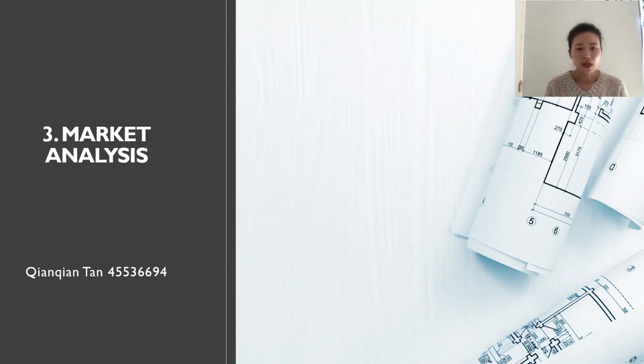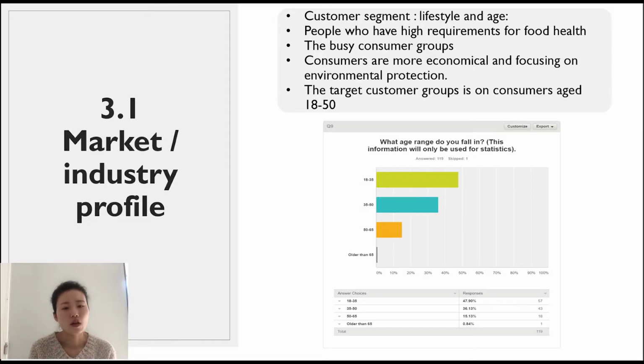For the part of market analysis, let's talk about the market profile. As a startup company, the customer segments are mainly classified by lifestyle and age. For the lifestyle customer segment, firstly, people who have high requirements for health.